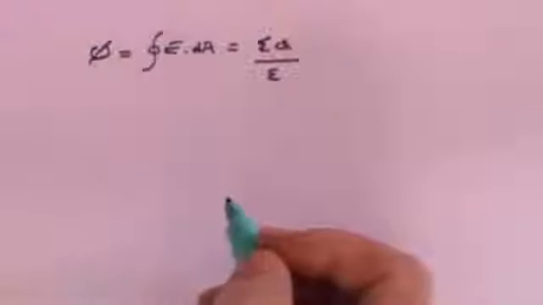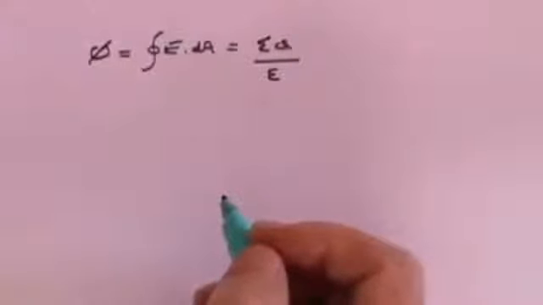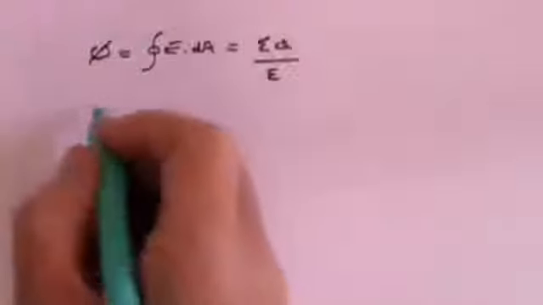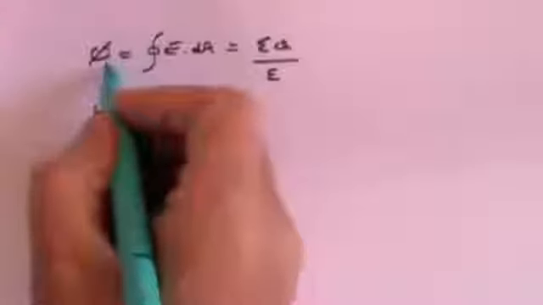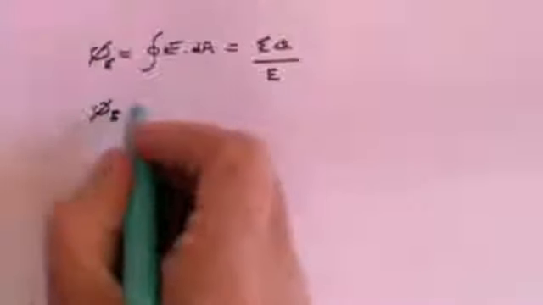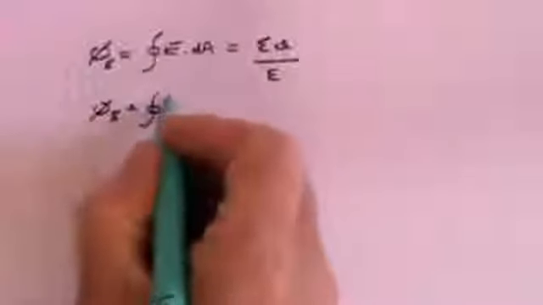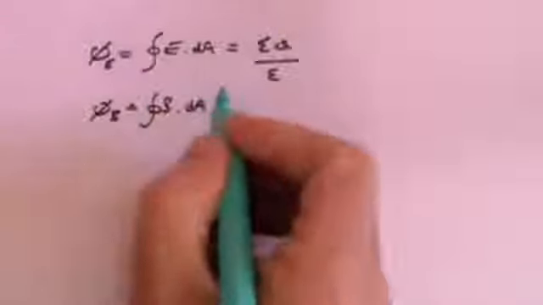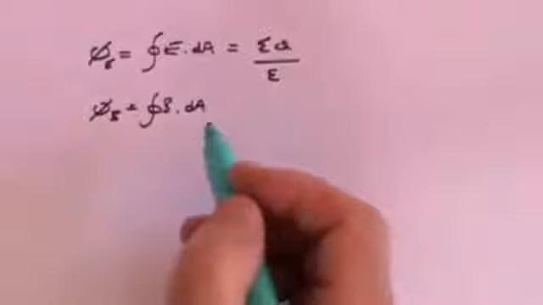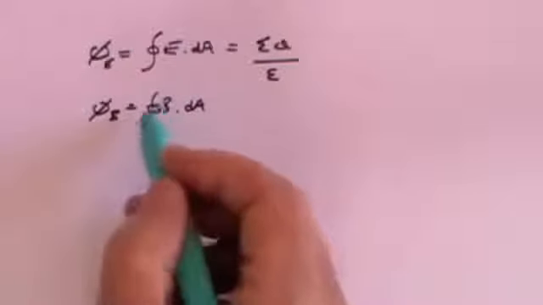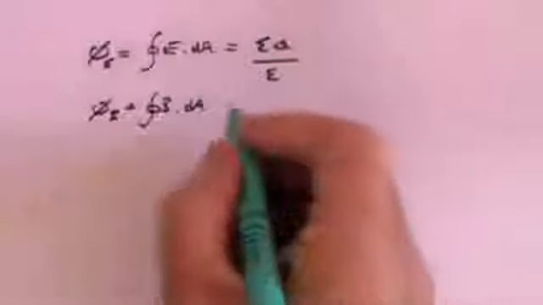That's the first law. The second law does the same thing for magnetic flux. So this was electric flux, this is magnetic flux, and that is the integral of B dot dA, the magnetic field going through an area over an entire surface, is equal to 0. And we said it was 0 because you can't have a north pole without having a south pole.